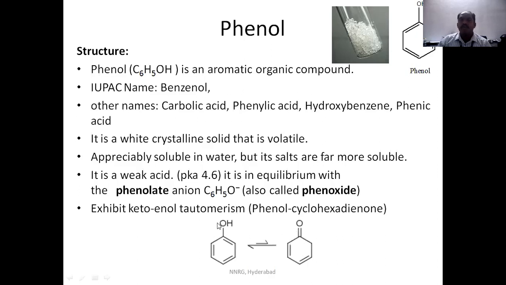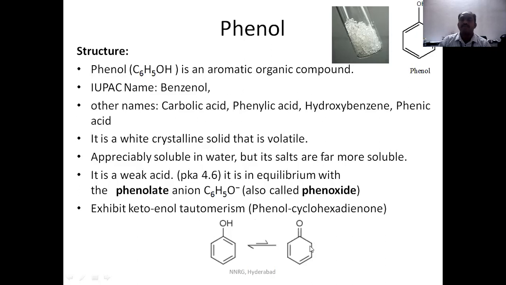There is delocalization, and this carbon becomes O minus, and it takes H, so that it forms cyclohexadienone. Cyclohexadienone is formed. Whenever phenol undergoes keto-enol tautomerism, the phenol enol form is more stable than the keto form, because the keto form contains a saturated carbon where the aromaticity is disturbed.